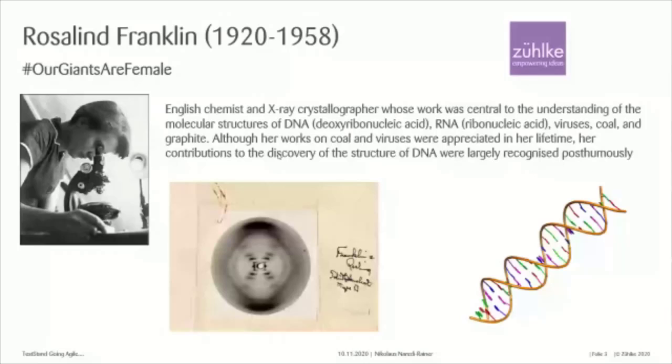I studied chemistry a long time ago, and a professor told the story of her, because she would deserve a lot of fame, and fame passed her by. She took this very well-known X-ray crystallography shot of DNA, the so-called photo 51, and two other scientists, Watson and Crick, illegally saw this picture. It was shown to them by an assistant of hers.